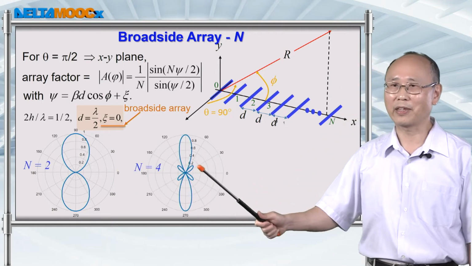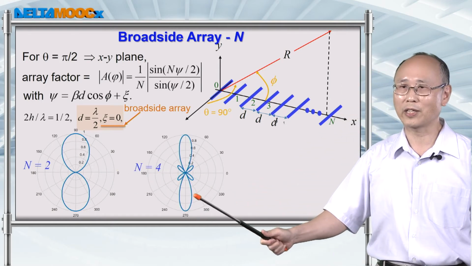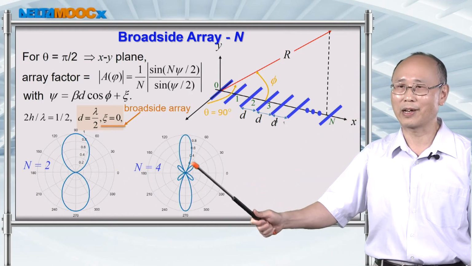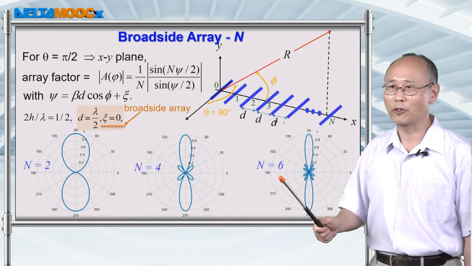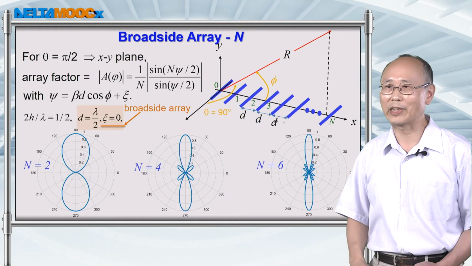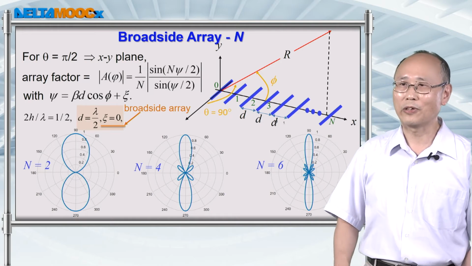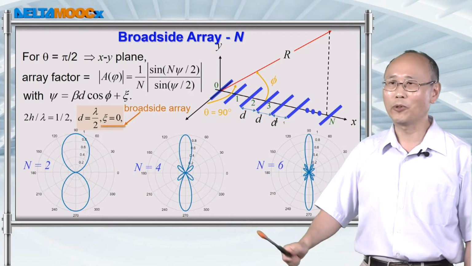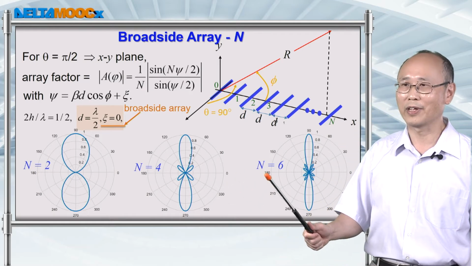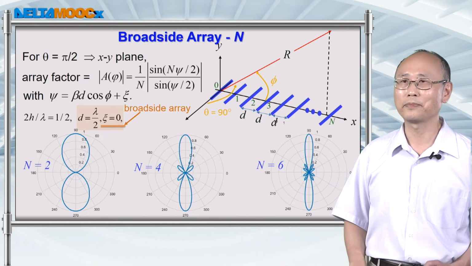But if you plot that with n equal to 4, you start to see the beam width gets narrowed down. Now, if I plot n equal to 6, then I have even narrower beam width. So if you want to have a good directivity for your antenna array, you want to increase the number of antennas in the system.